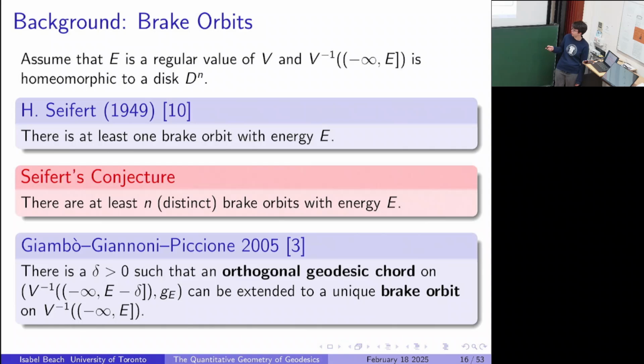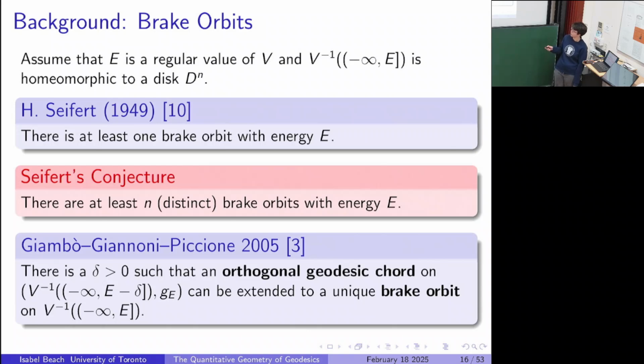The orthogonal geodesic chords on this space with the Jacobi metric are uniquely extendable to these brake orbit solutions on the entire energy level E. So the study of brake orbits is equivalent to the study of orthogonal geodesic chords.